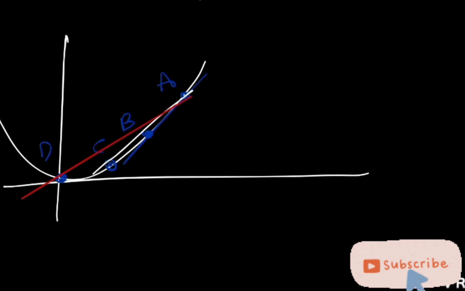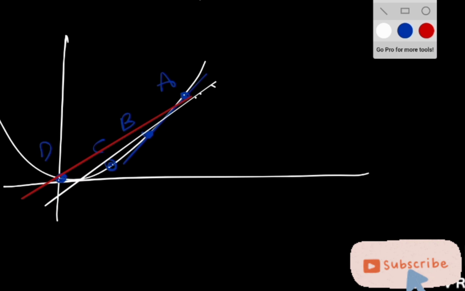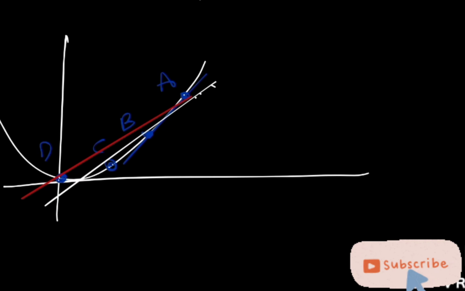I will just draw the AC slope in a neater way, something like this. We can see that the slope as we go towards D is getting farther away.